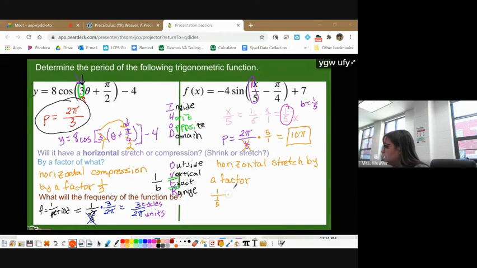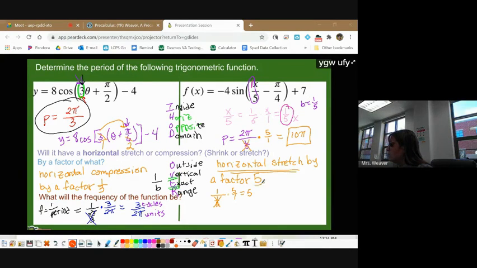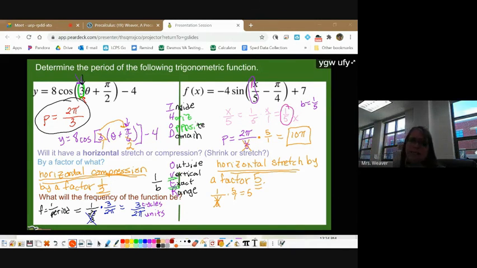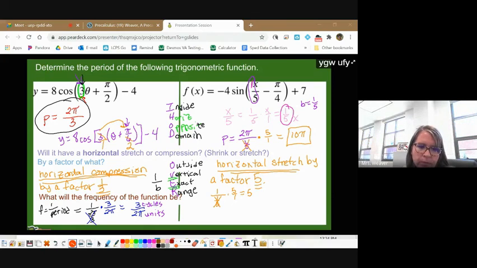So we multiply by that reciprocal if you want to show the work, or if you just recognize that 1 over just means the reciprocal or the flip of the fraction, you can just do that. 5 over 1 is just 5, so it's by a factor of 5. It's a horizontal stretch by a factor of 5. This one was a horizontal compression by a factor of 1/3. When it was going 3 times as fast, it finished in 1/3 of the time. It's going 1/5 of the normal speed, so it finishes in 5 times the amount of time as normal.